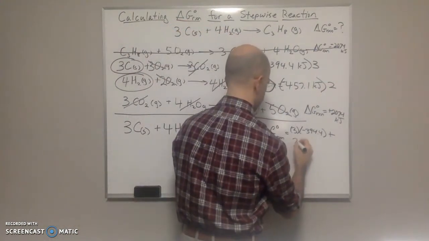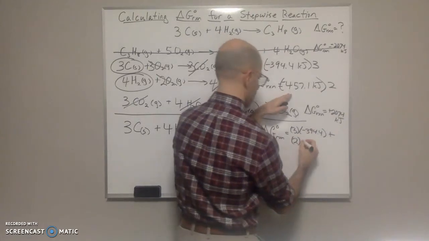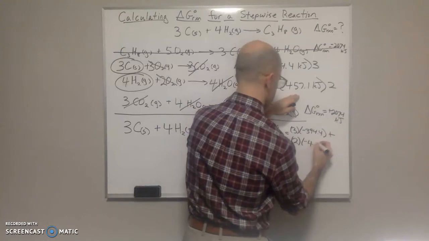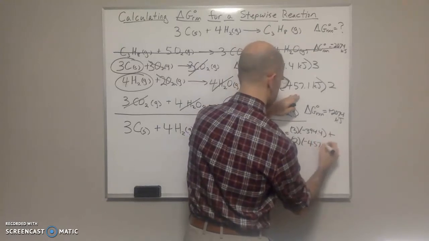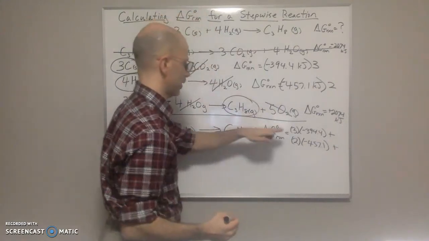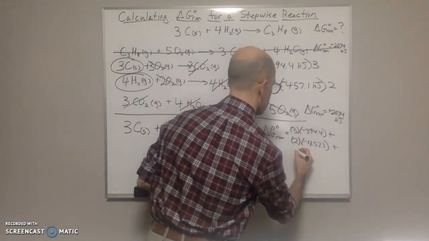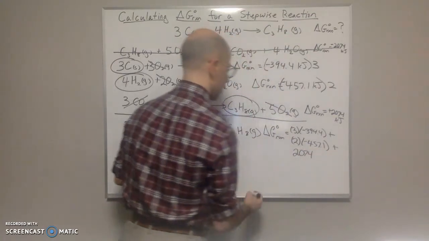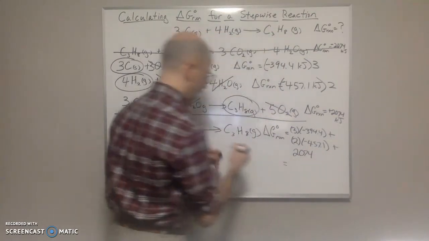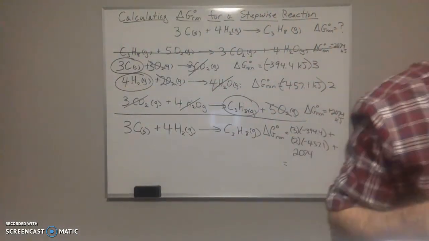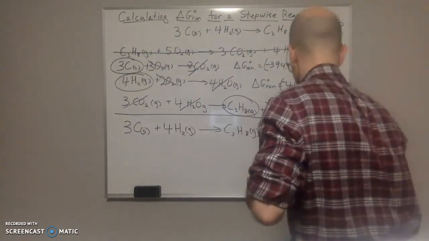So then we're going to add 2 times negative 457.1 plus, and then finally this one here is just going to be 2074, and then all of that added together should be equal to negative 23 kilojoules.